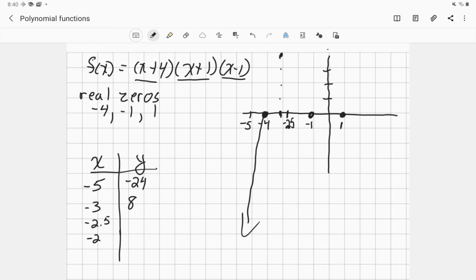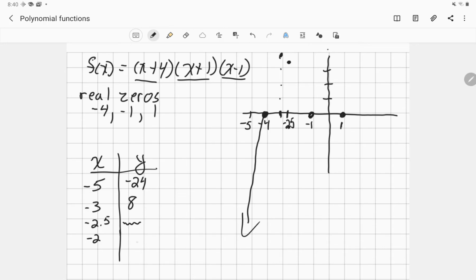And then I would do -2.5 because a lot of times the middle will be the high point or the low point. Now it turns out in this one it's not. I'm not going to sit and figure it out. You can figure it out, but it turns out it is slightly lower. I think it works out to be like -7.75 or something, but it turns out at -2.5 it is slightly lower.